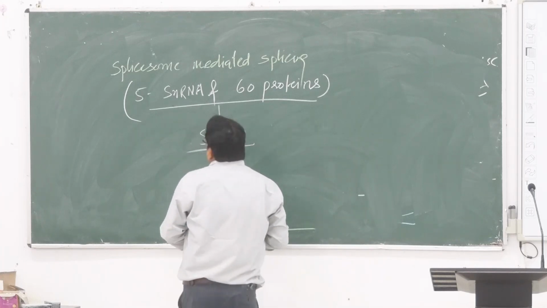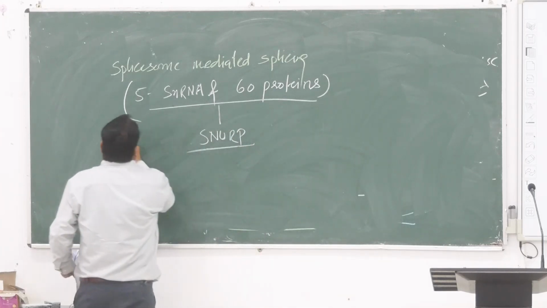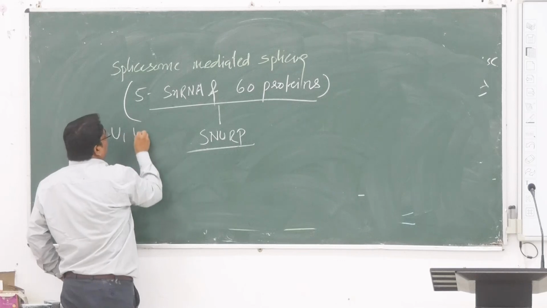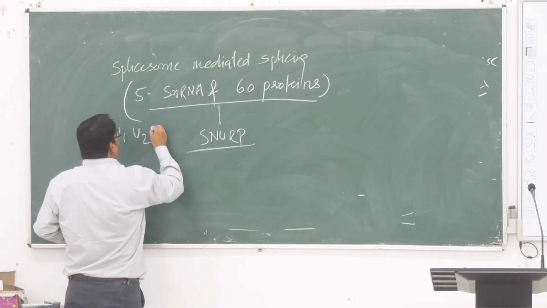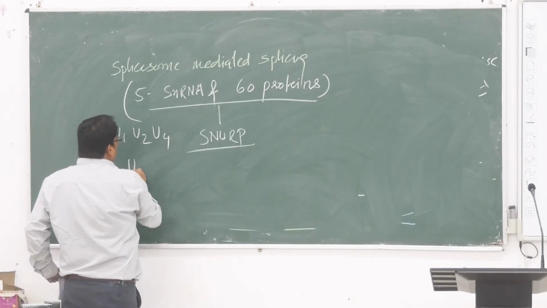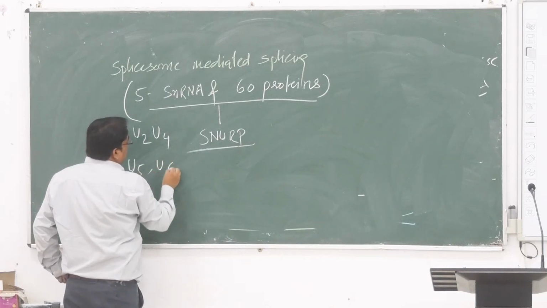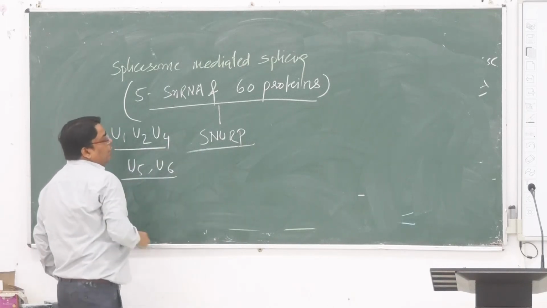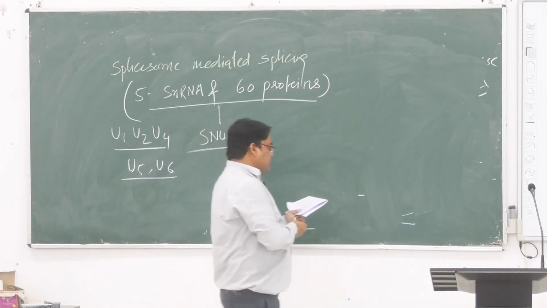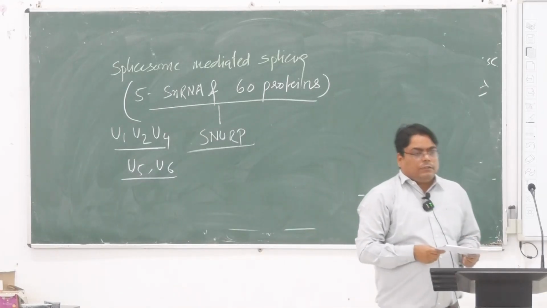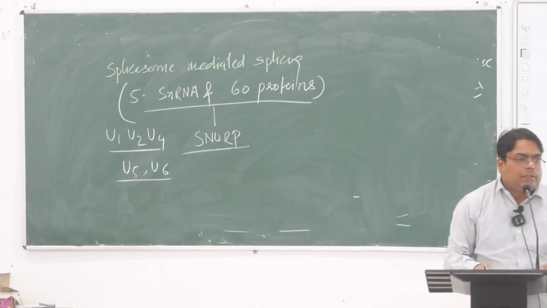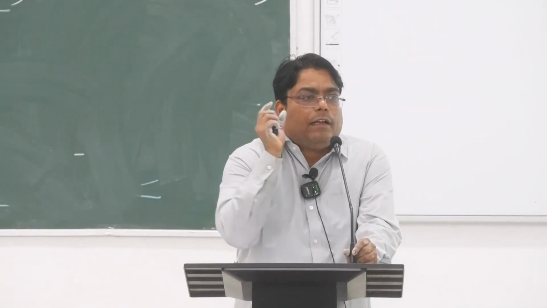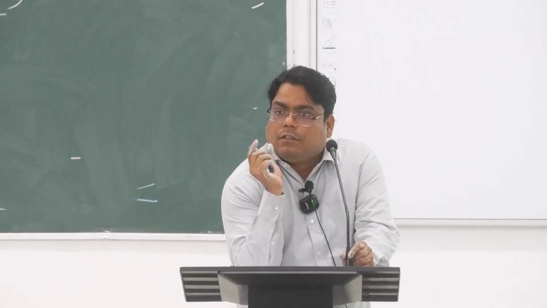Here there are 5 types of snRNA, which we name U1, U2, U4, U5 and U6. So this is the step-by-step process. Take a reading of spliceosome-mediated post-transcription modification from the book, all of you read it.